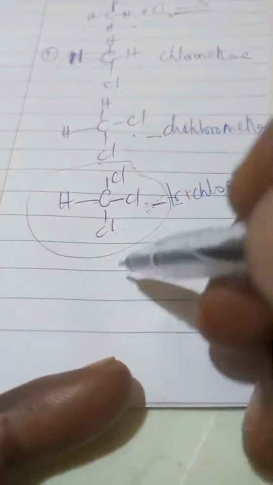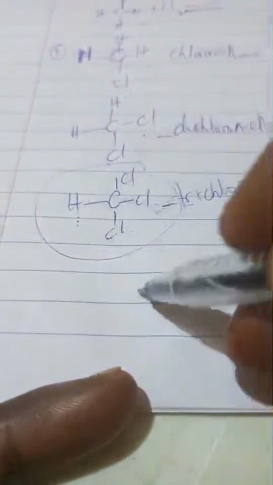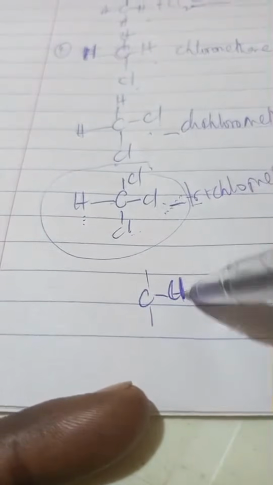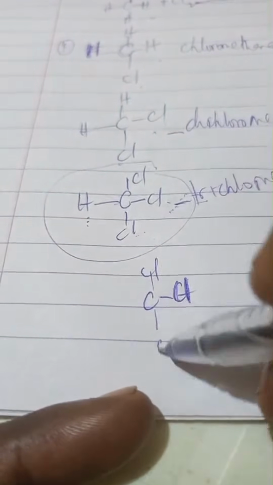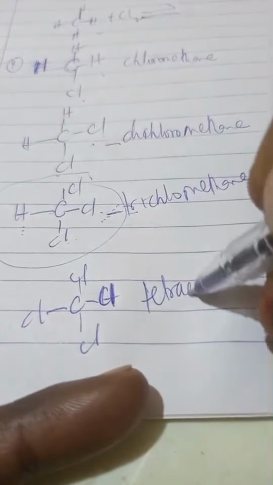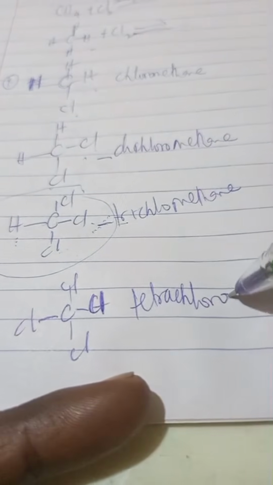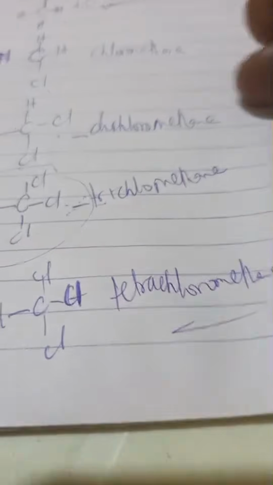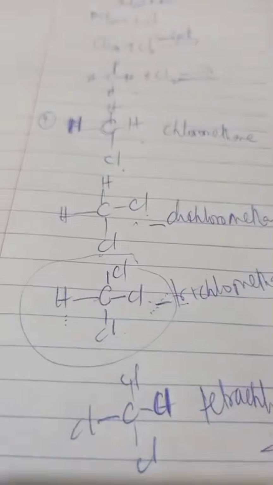And the last one, kick off this last hydrogen, so hydrogen will not be there again. This one is CCl4. What will you get? Tetrachloromethane. So that's how to understand substitution reaction. Very easy. It takes place in the presence of sunlight.